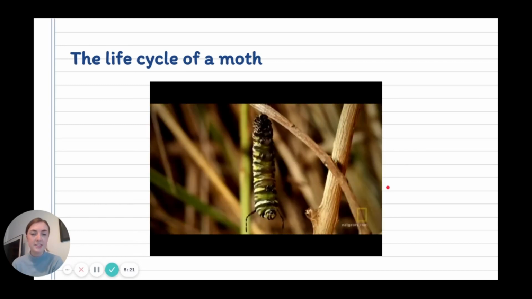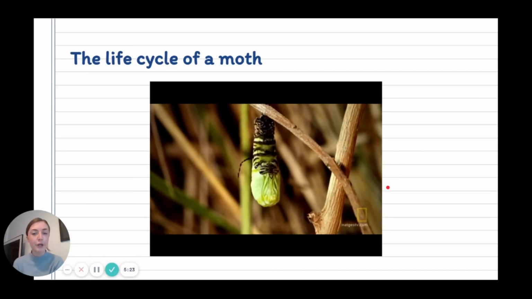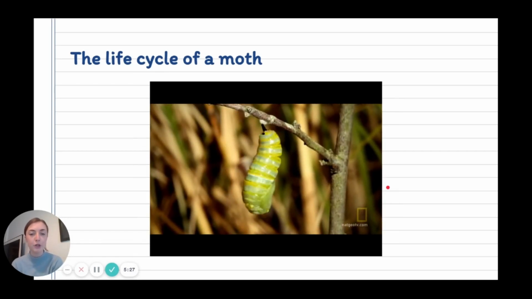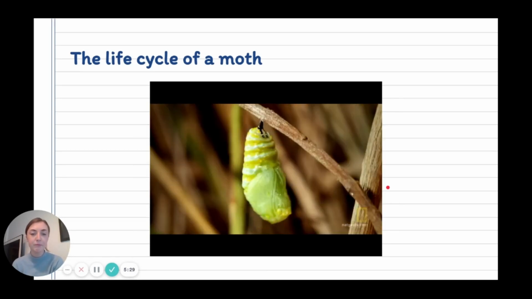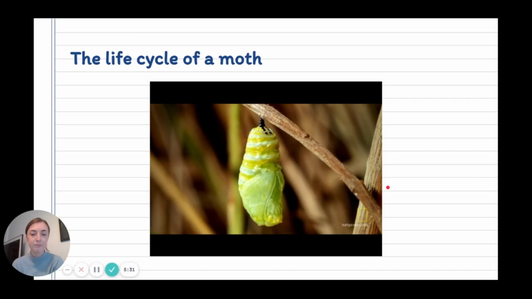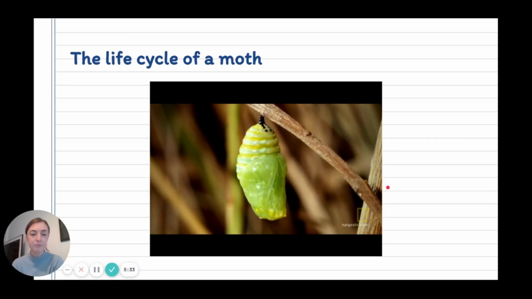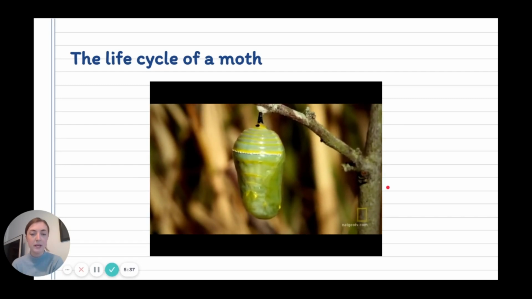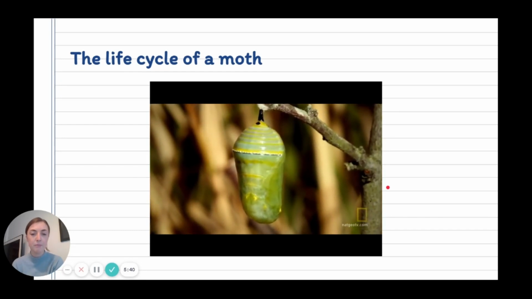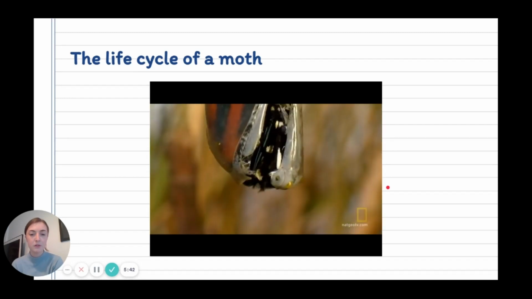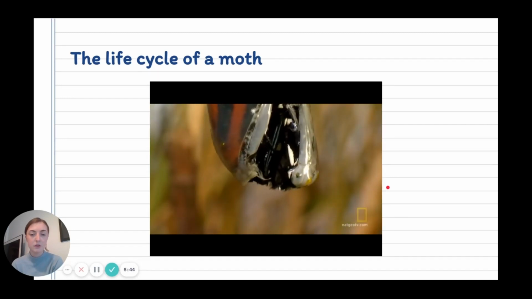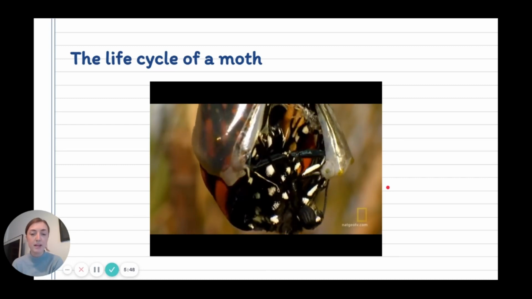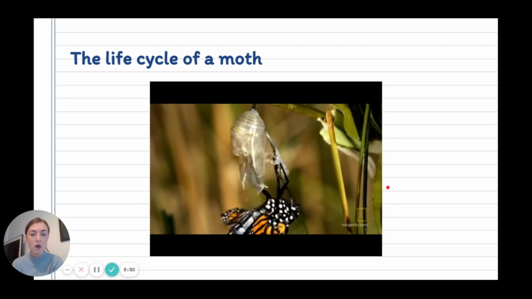And now it's shedding its skin and turning into a cocoon, which is what we saw on the second page of our story, some cocoons. It's growing bigger and bigger inside its cocoon. And after a month or two, something is starting to break out of the cocoon.